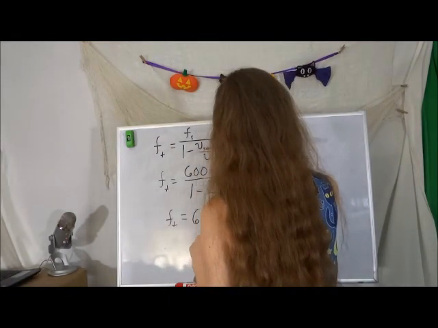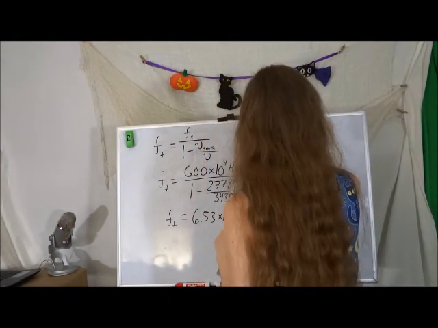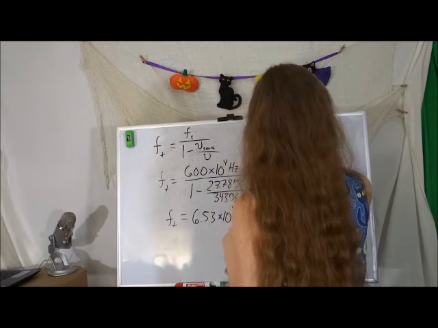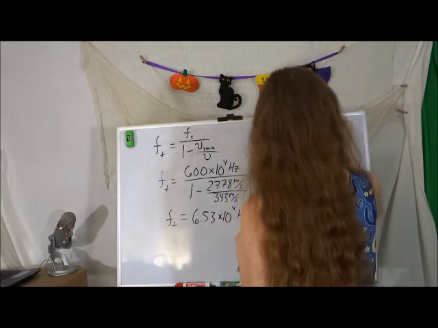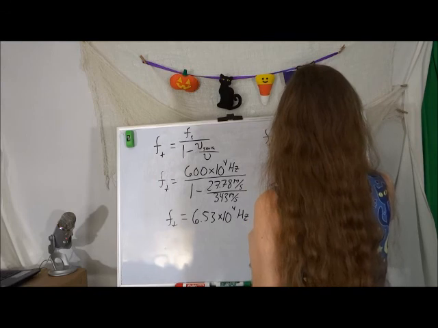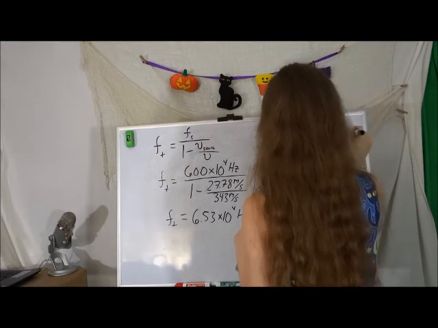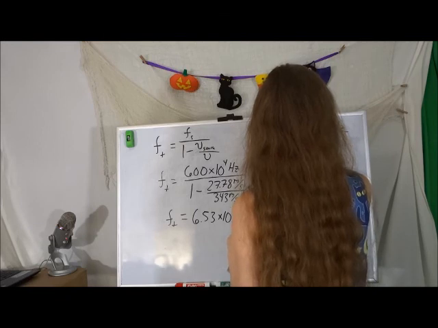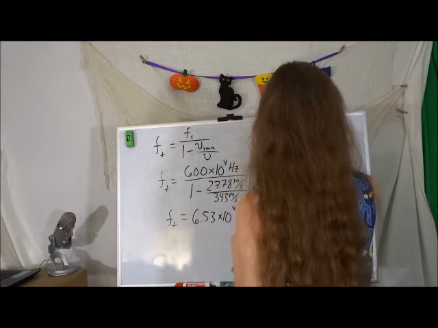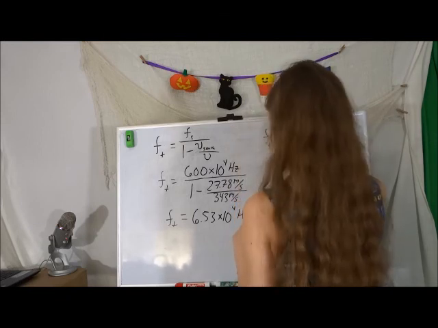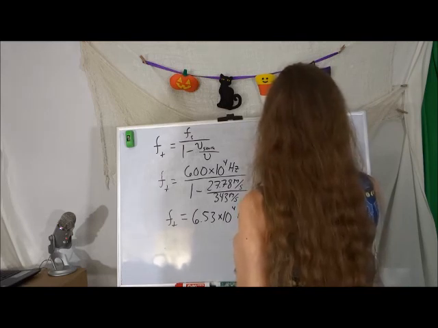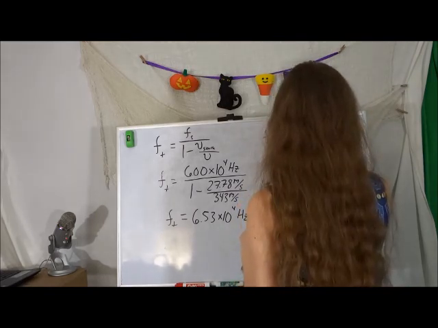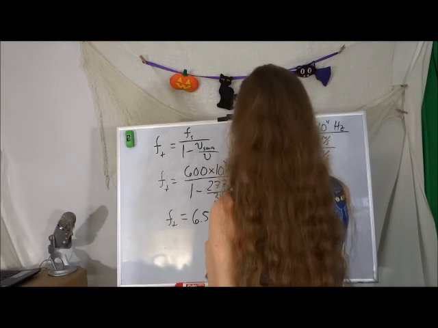So we have F plus is equal to 6.00 times 10 to the fourth hertz divided by 1 minus, and then we have 33.33 meters per second divided by 343 meters per second.